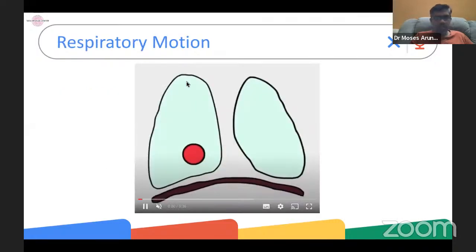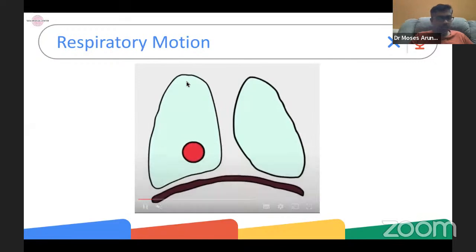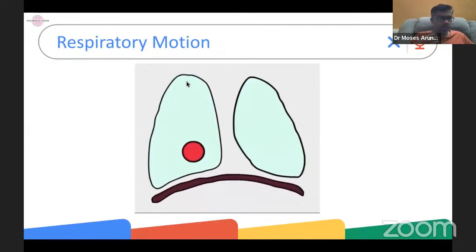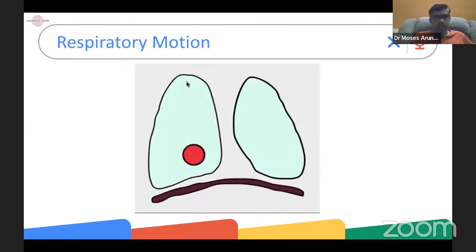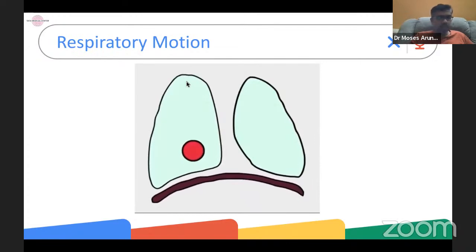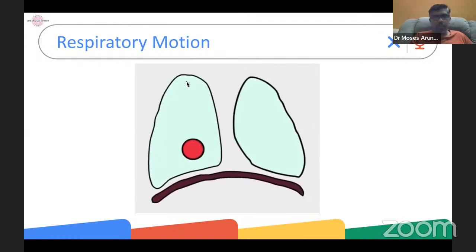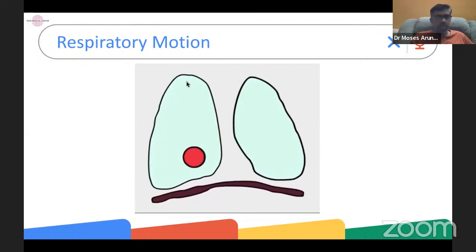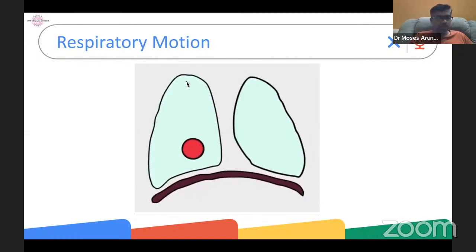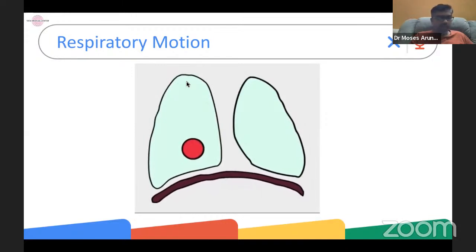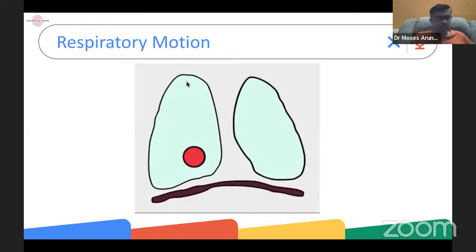This is a video that Dr. Naveen also showed. Respiration as such looks like a simple movement. We are most often not aware that we are breathing, and it is most often an involuntary action, but we do have some voluntary control over it, where we can hold our breath or control our breathing pattern.